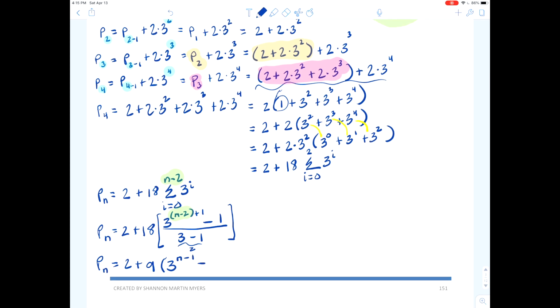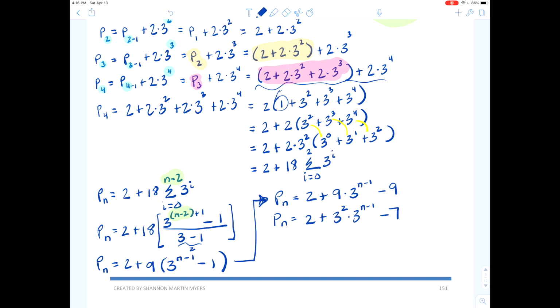And don't forget about that minus 1 still hanging around. Okay, so now here p sub n would be 2 plus 9 times 3 raised to the n minus 1, and then distributing, we'd have minus 9. But 9 is 3 squared, isn't it? So you'd have 2 plus 3 squared times 3 to the n minus 1, and then 2 minus 9 is minus 7.